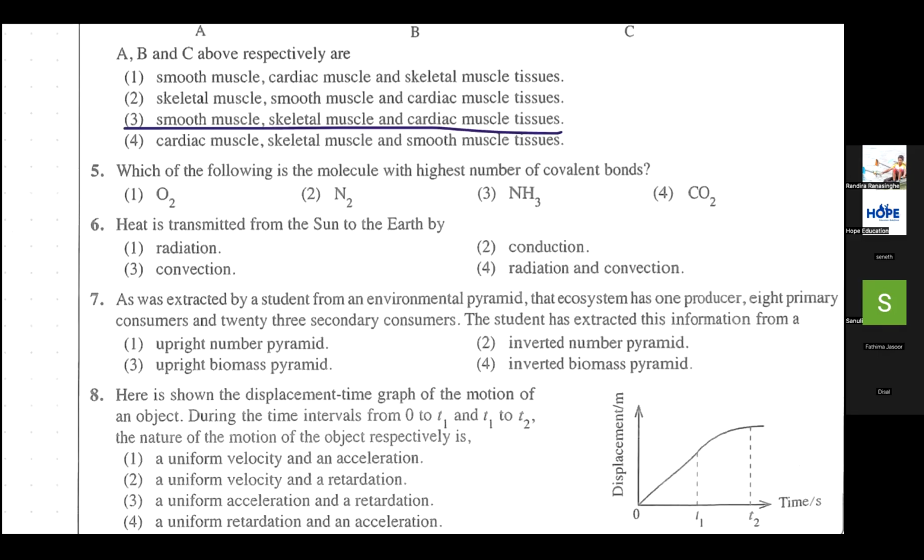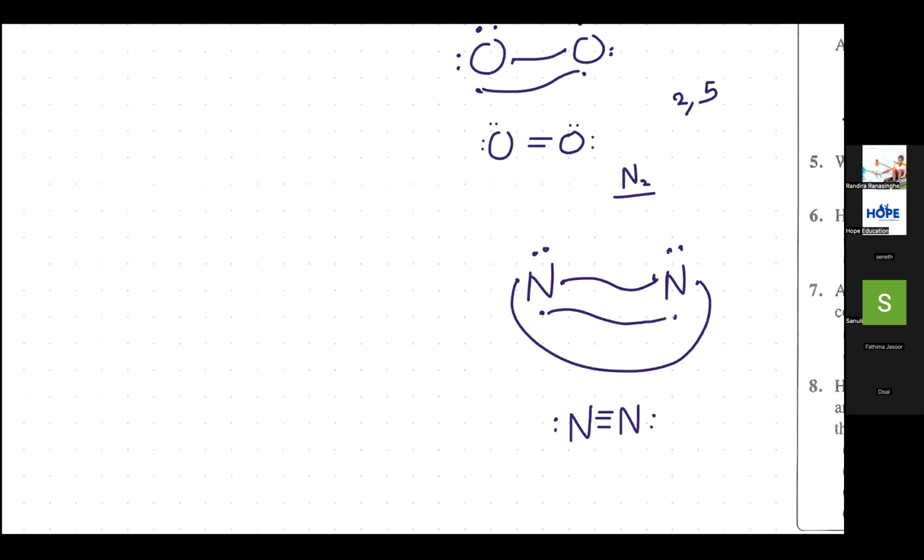Ammonia, NH3, how many bonds are there? We can't waste time. Ammonia, NH3. Electronic configuration of nitrogen is 2, 5.